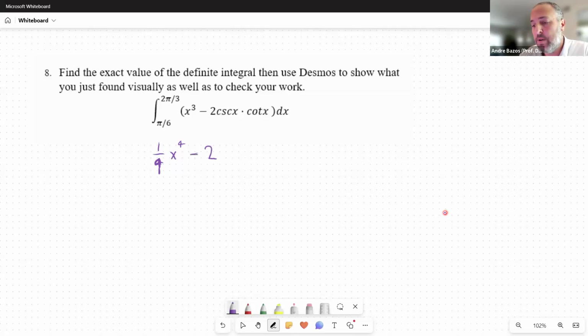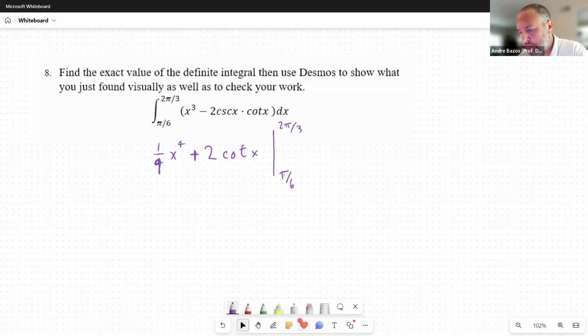Minus 2. So the minus will go away and it'll become plus because the derivative of cotangent is negative cosecant cotangent, and so that is positive cotangent. And there's a plus c, but we are going to evaluate this from pi over 6 to 2 pi over 3.